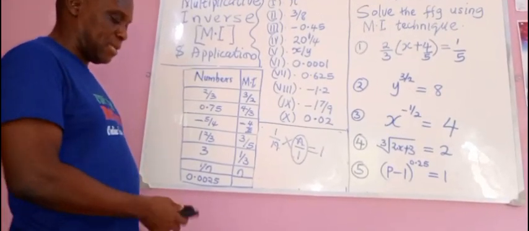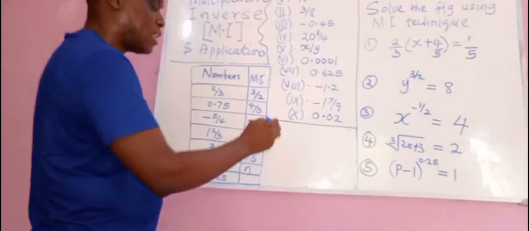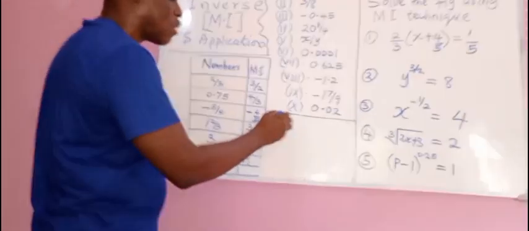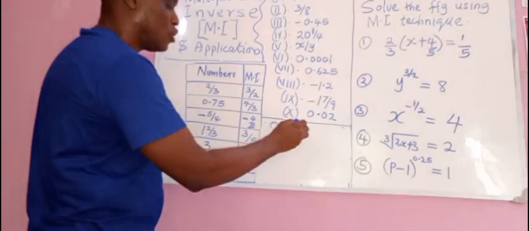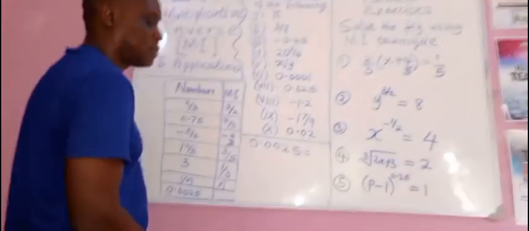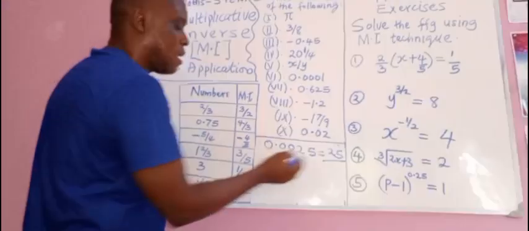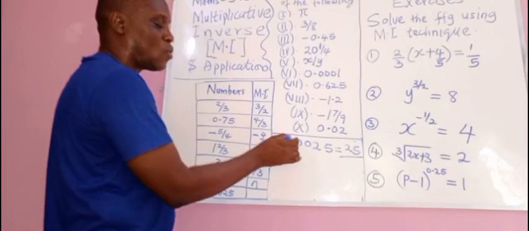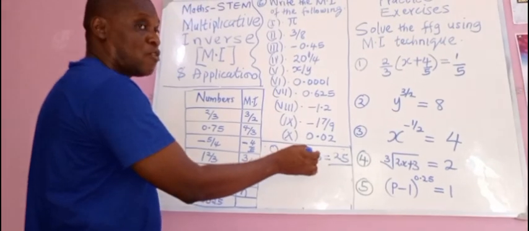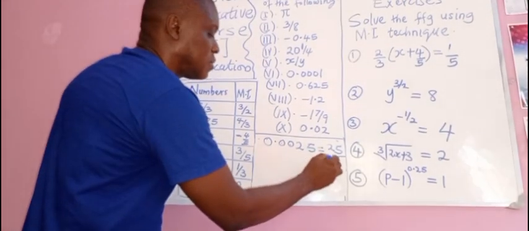Then, finally now, look at this. They asked us to find the multiplicative inverse of 0.0025. Like I said, you have to change this to a fraction first. This is 25 divided by, after the point, how many can you count? 1, 2, 3, 4. That is 4 zeros, that's 10,000.